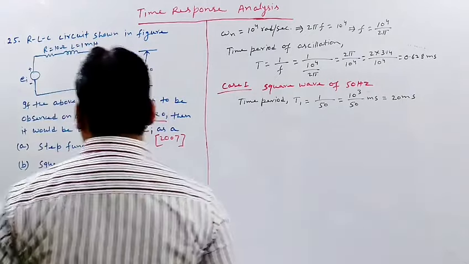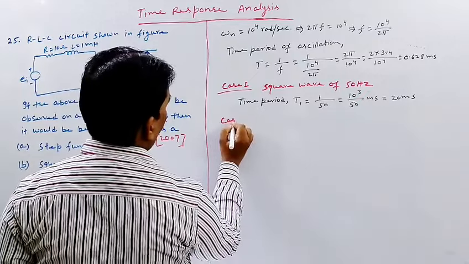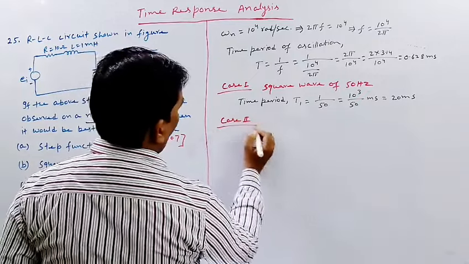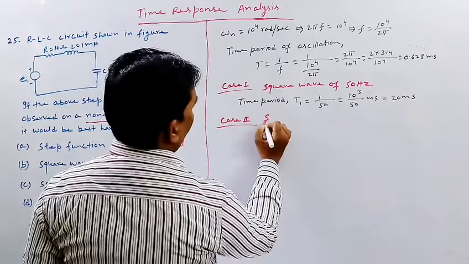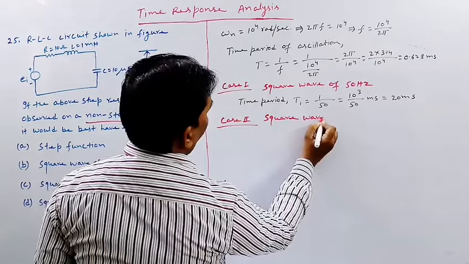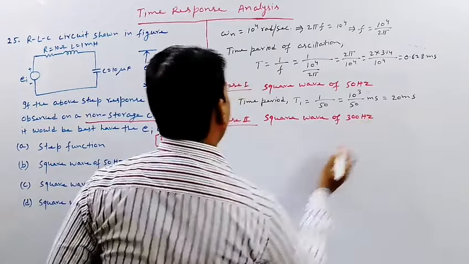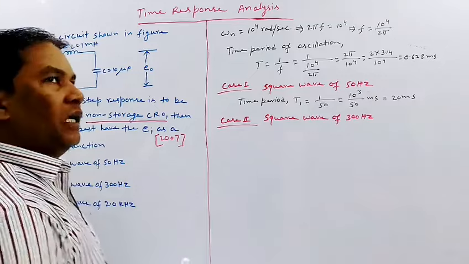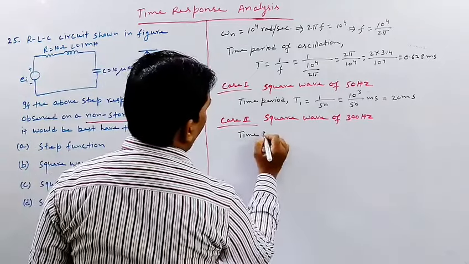Now case 2, a square wave of 300 hertz. In this case, let us denote the time period by T2.